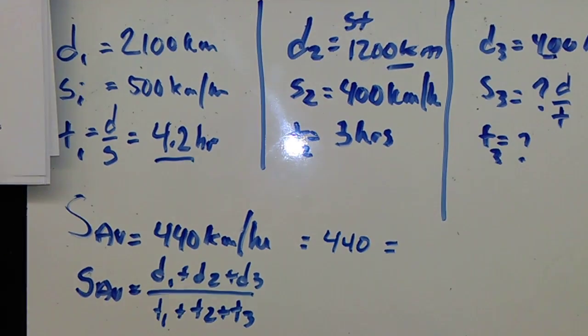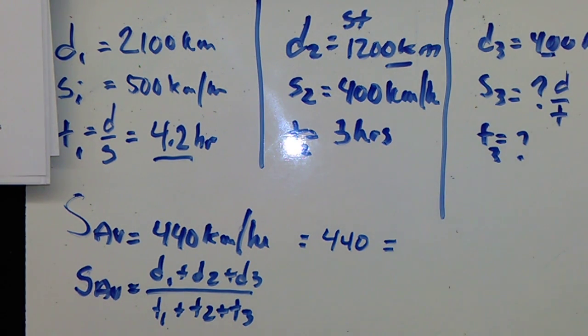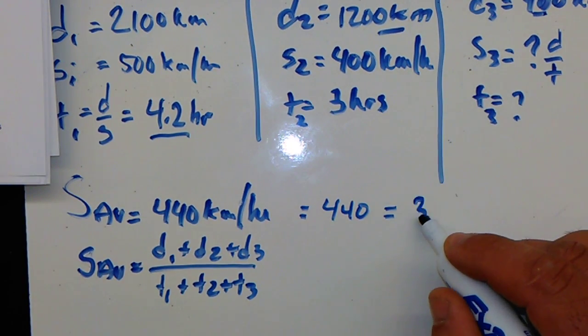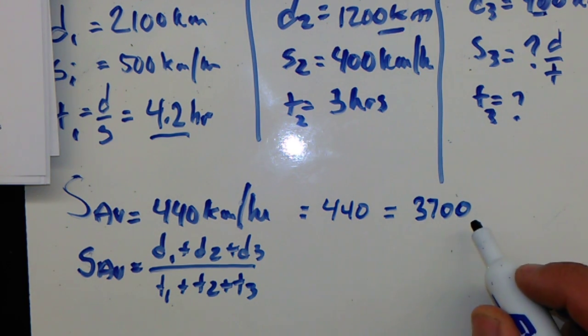If we add all those together, we get 3,700 on the top, and that's kilometers.